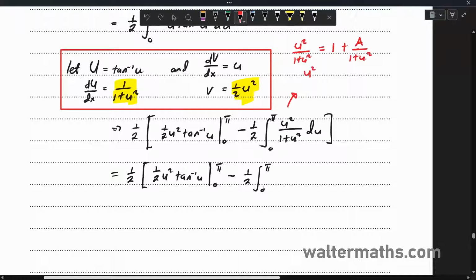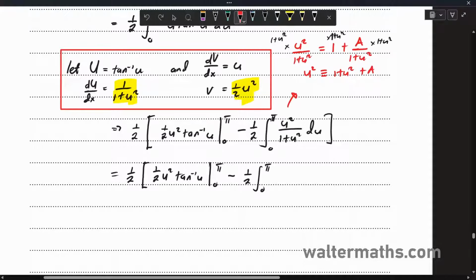So u squared is identical to, multiplying both sides by 1 plus u squared, 1 plus u squared plus a, just plus a. Essentially I multiplied both sides by 1 plus u squared, and that's what gave me this. But let's continue.